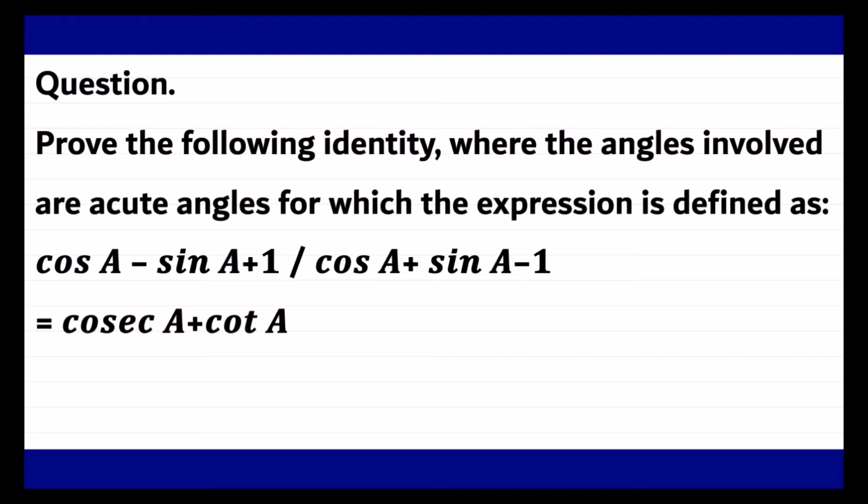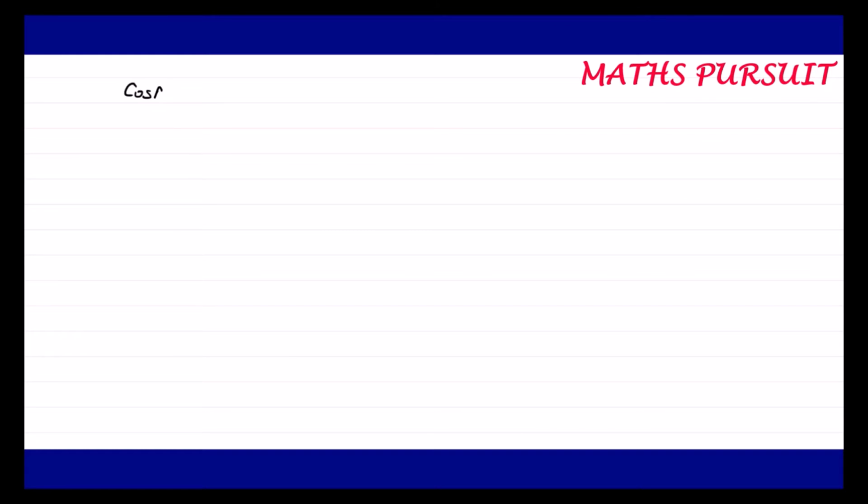Now, the given expression is (cos A minus sin A plus 1) upon (cos A plus sin A minus 1) is equal to cosec A plus cot A. This is what is being given as a question, and we will prove, or justify, that the left hand side of this expression is equal to the right hand side.